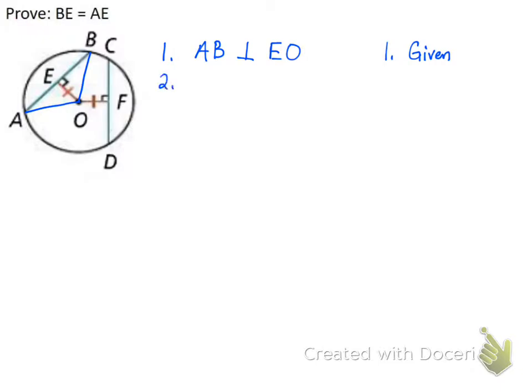And so with my second step, I know that the two radii are equal to each other. So I have AO is equal to BO. And I know this because radii are equal to each other. So this is equal to this.